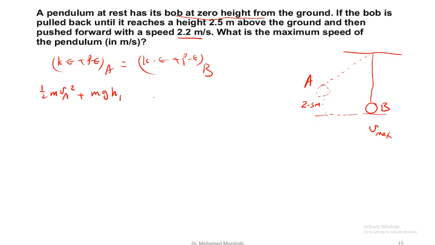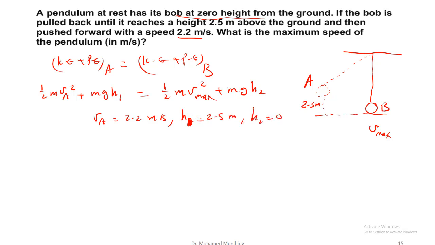Let us just call this height h1. It equals the kinetic energy at B, half m V maximum squared, plus mgh2, the height at position B. Let us just look at the values. VA equals 2.2 meters per second. H1 equals 2.5 meters and H2 equals 0.